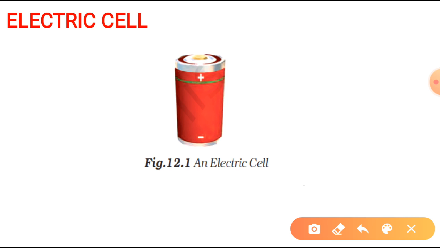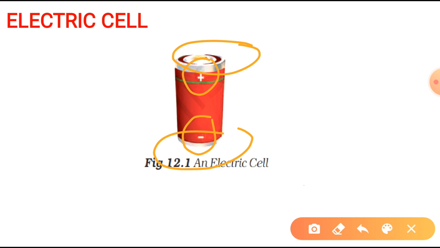You will notice a small metal cap on the top. Here, this is the metal cap, and you will observe a metal disc at the bottom. Have a careful look at this plus sign and here this minus sign. The metal cap is the positive terminal of the electric cell. The metal disc is the negative terminal.